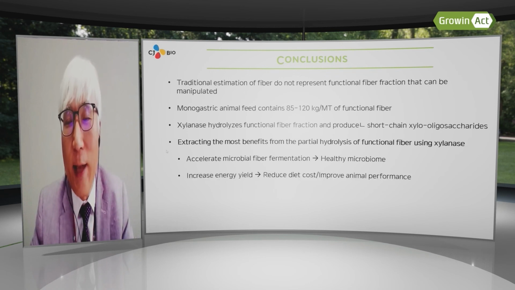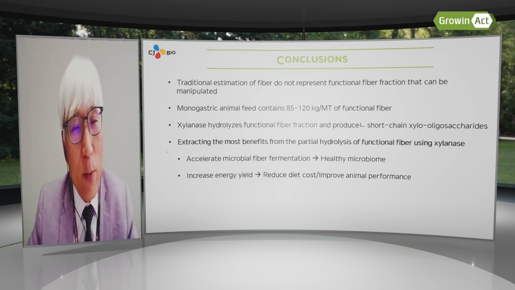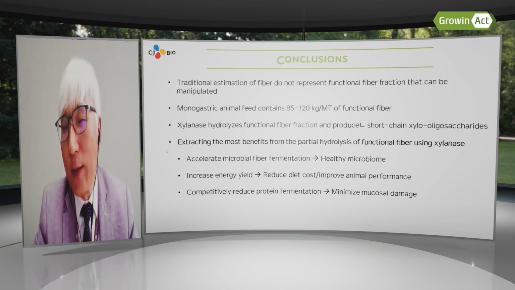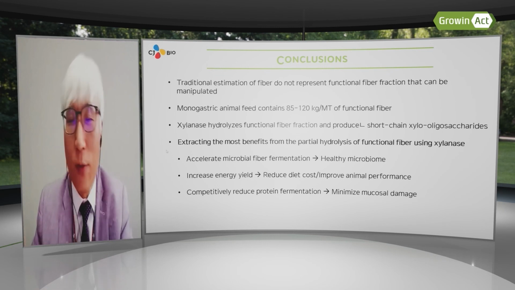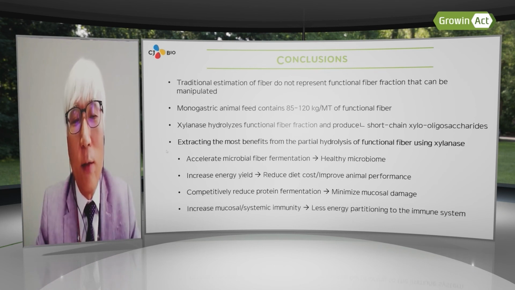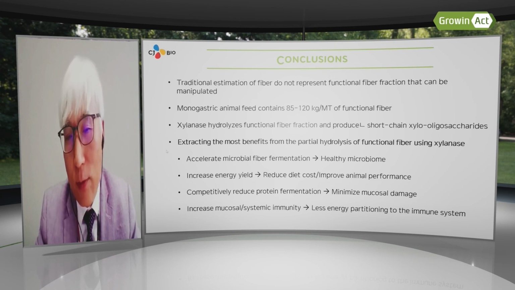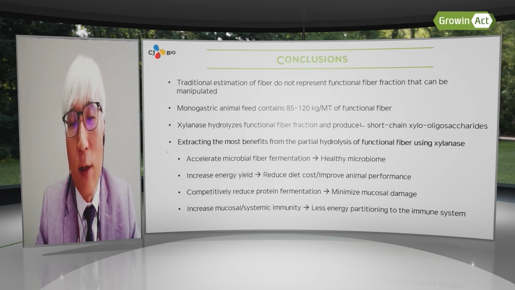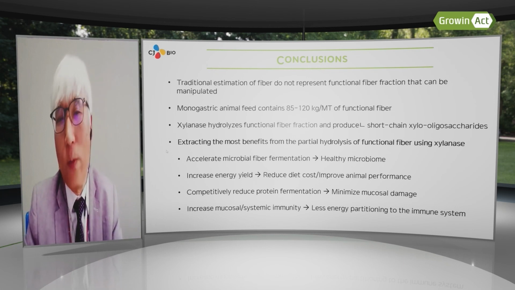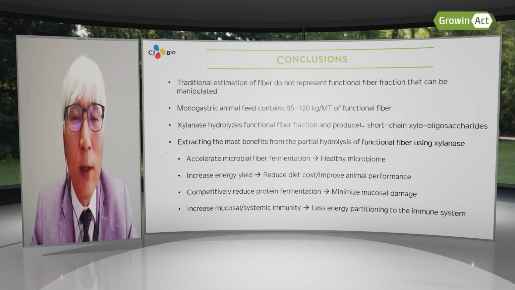We can also increase energy yield and reduce diet costs, and therefore improve animal performance. And we can competitively reduce protein fermentation, which produces very harmful gases in the gut. Therefore, we can minimize mucosal damage, and we can also increase mucosal and systemic immunity, therefore decreasing energy partitioning to the immune system, which will be used for growth of the animal.